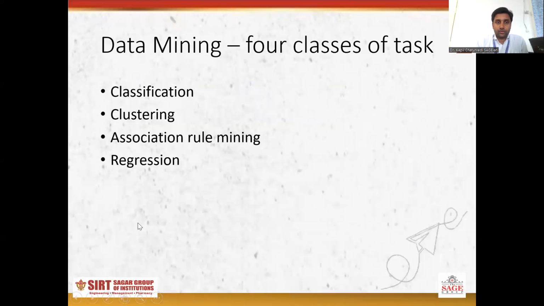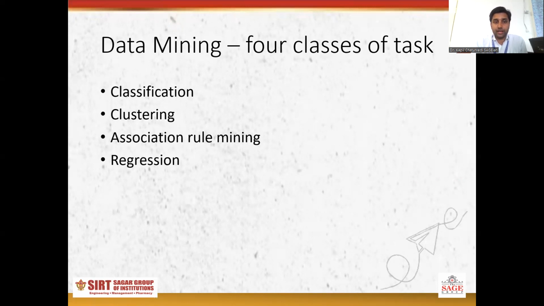There are 4 classes of data mining: classification, clustering, association, and regression. Basically, we can perform these 4 kinds of operations in data mining or data analytics. We can classify the data to extract the knowledge. We can clusterize the data to fetch the knowledge. We can perform ARM mechanisms like Apriori, FP-growth, and the vertical data format algorithms to fetch patterns from the data or to know the frequent behavior.